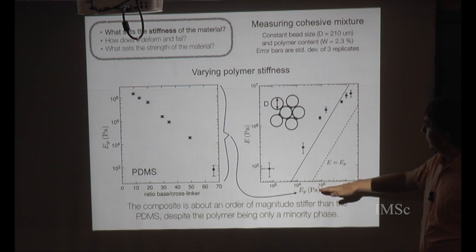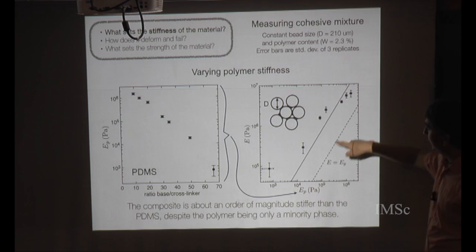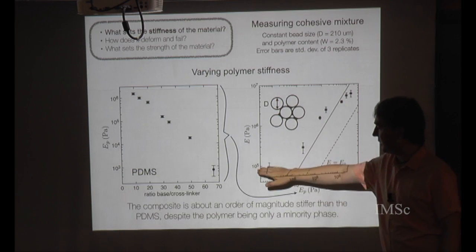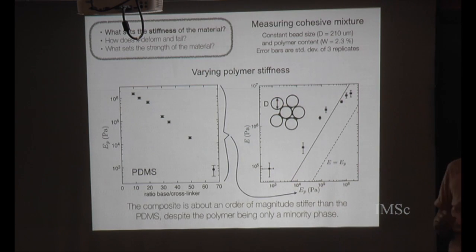Then what we see is this is the line we would get if the response of the composite is the same as the polymer. It's about a factor of 10 larger. As I said, the softest materials often deviate because the polymer is probably still slightly fluid. So we find the composite material has a stiffness which is controlled by the stiffness of the polymer phase and is about an order of magnitude higher.